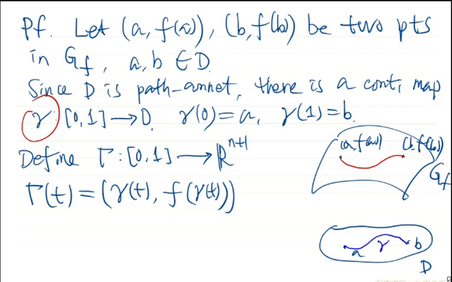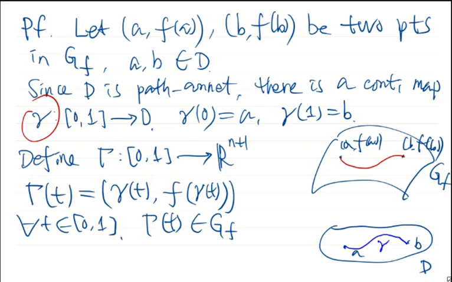Such a point obviously is contained in the graph, for any t in the interval [0, 1]. Obviously, Gamma(t) belongs to the graph of f because the point is of the form: a point in D and the value of f at that point. So Gamma(t) belongs to the graph for every t.